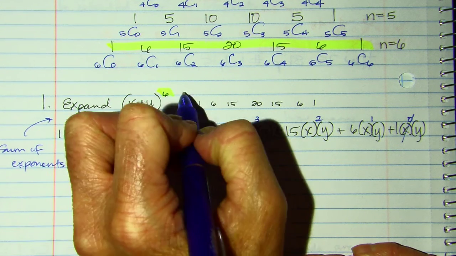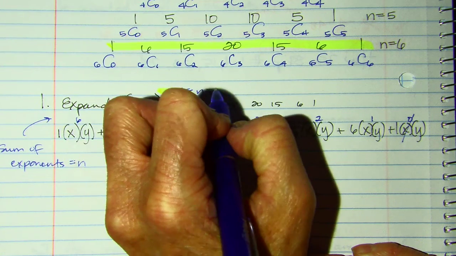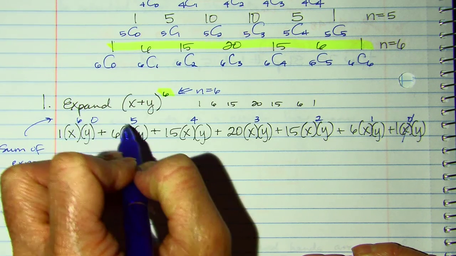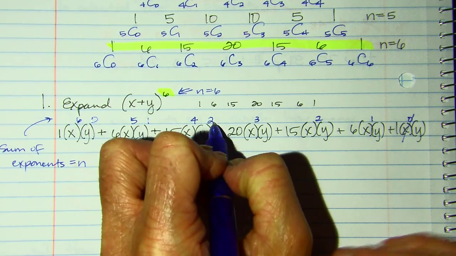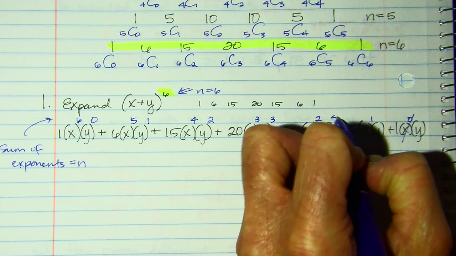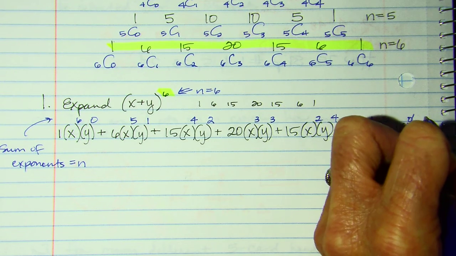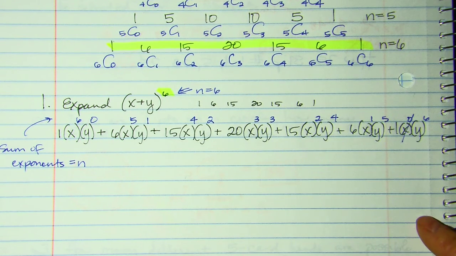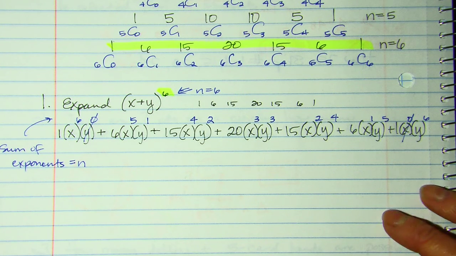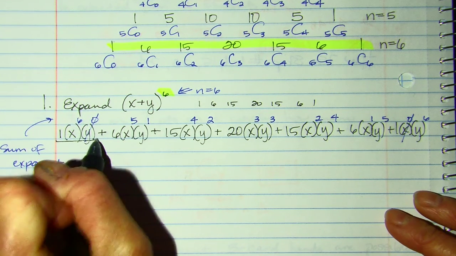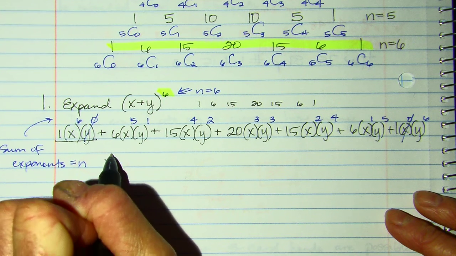And in this case, n equals 6. So 6 plus 0, 5 plus 1, 4 plus 2, 3 plus 3, 2 plus 4, 1 plus 5, 0 plus 6. And again, anything to the 0 is 1. So I'm going to simplify each term. This 1 times x to the 6th, right, is just x to the 6th.